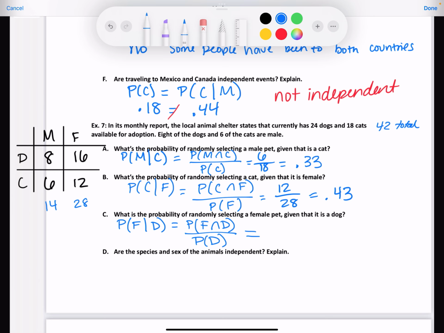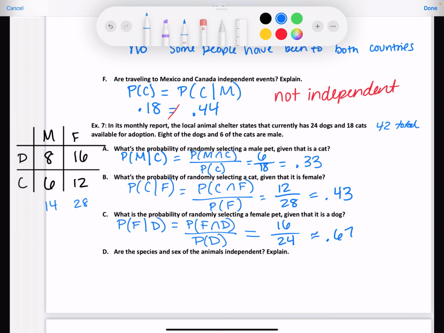So, female dog, 16, or wait, yeah, it is 16. Probability of dog is 24. And that ends up being 0.67, or 0.66 repeating, whatever.